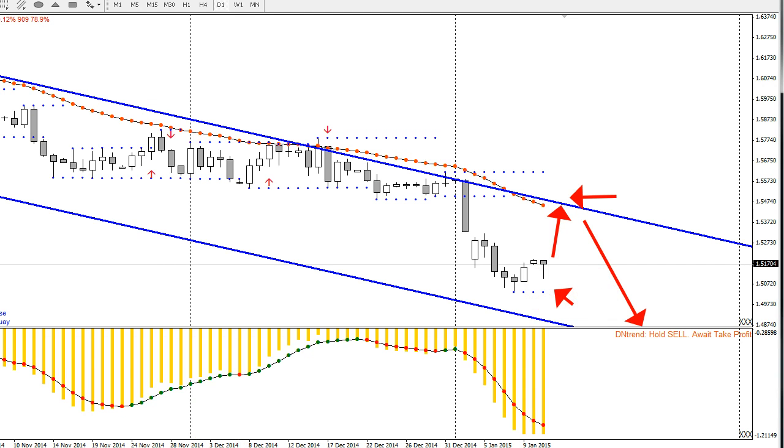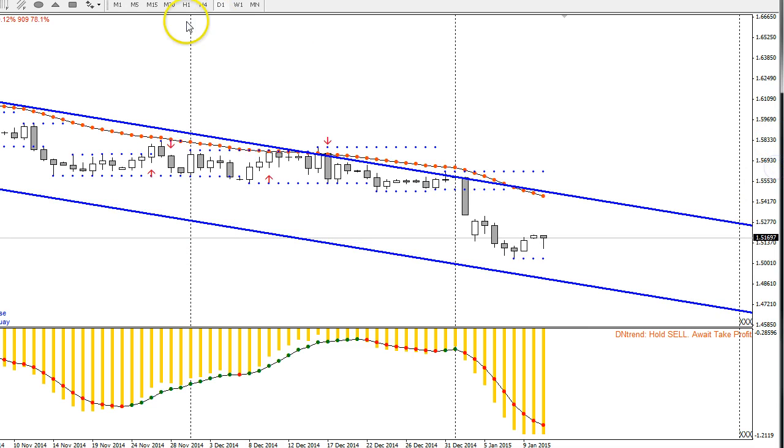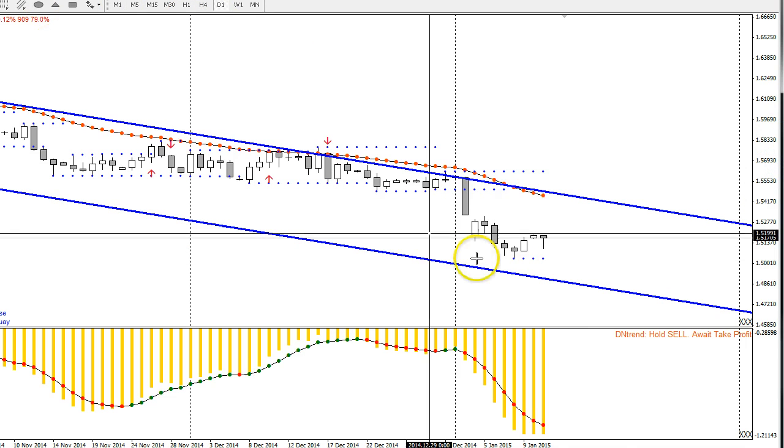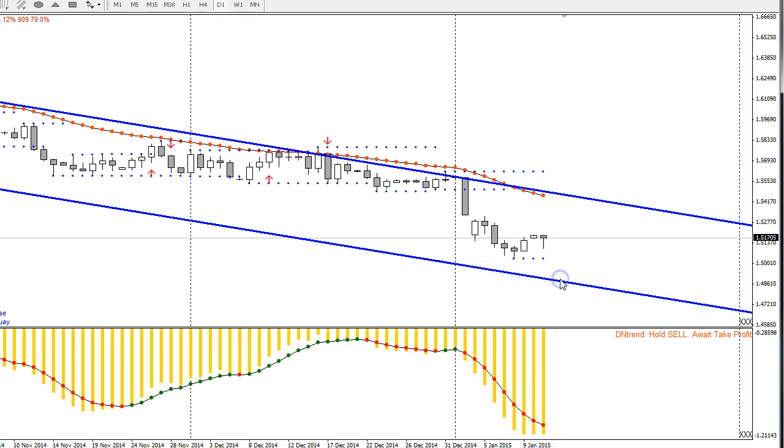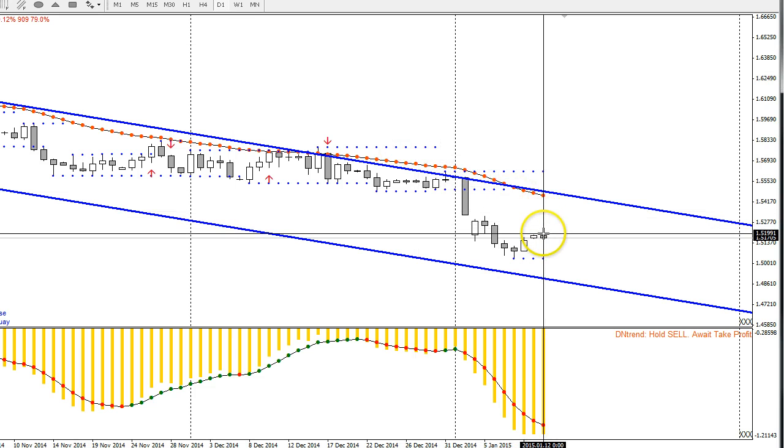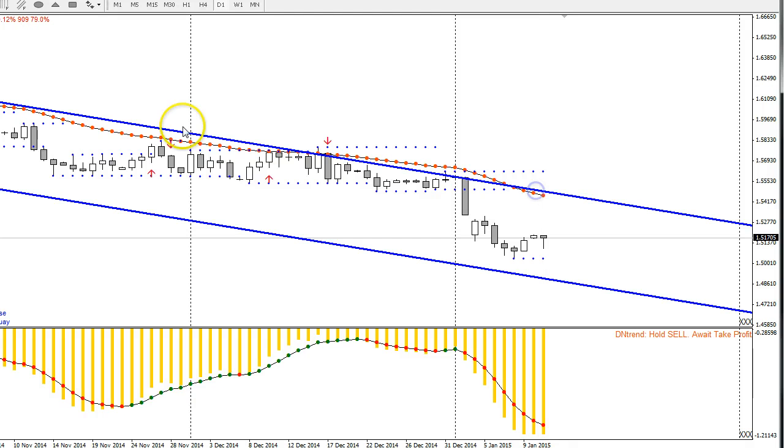Okay. So if you enter here, you have about 126 pips until you will hit a level of support. On the other hand, on the upside, it can go as high as 293.94 pips before it reaches a level of support.